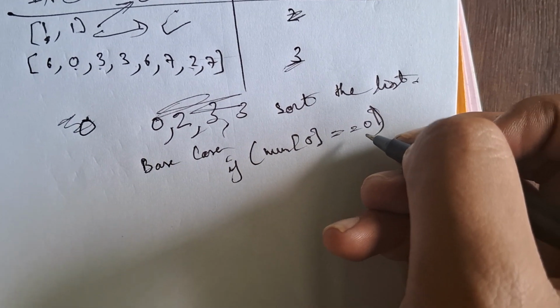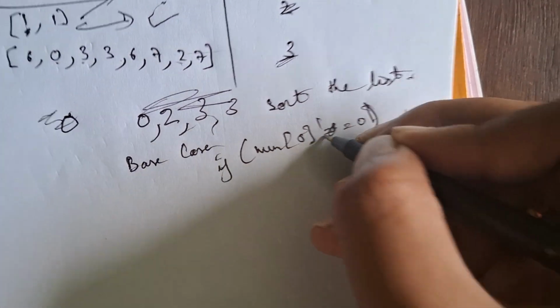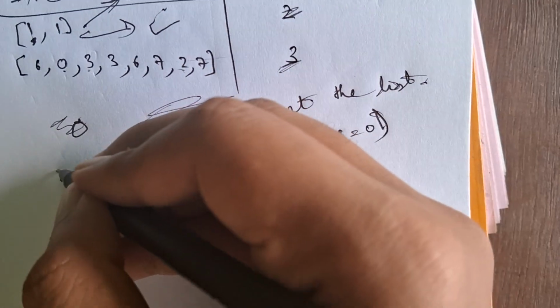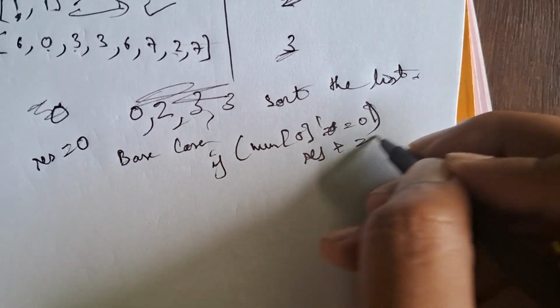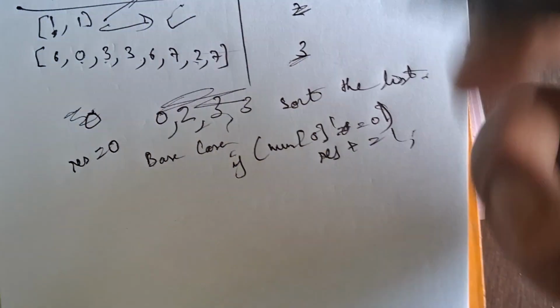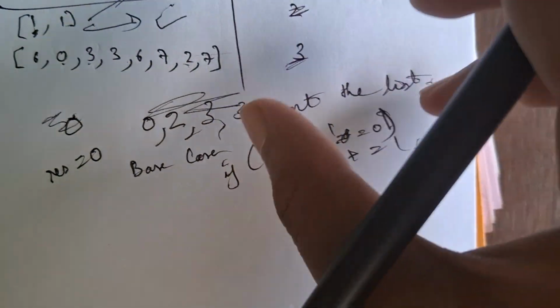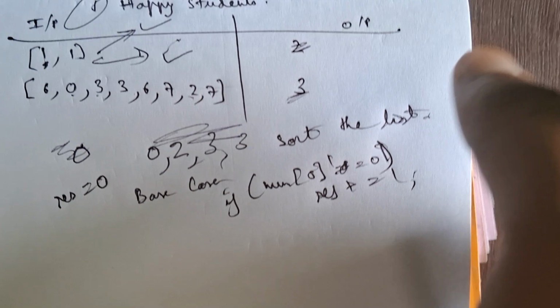If it is equal to 0, you don't have to do anything. But if it is not equal to 0, let's say the result is initially 0, so you can make the result plus equal to 1. Why? Because there can be a condition where you are not going to select any student in the group.